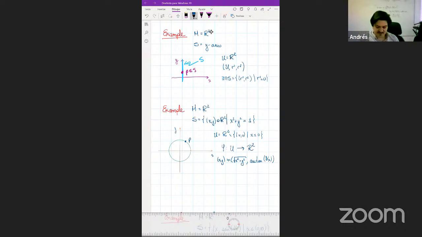So let's say only upper half plane, just to make phi well defined. Oh, no, sorry. The problem is in X, right?